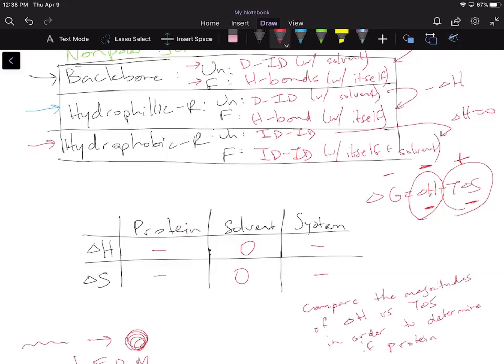So you have to consider, and this again has to do with the delta G, both the enthalpy and entropy, and whichever term is bigger, that'll determine protein folding.